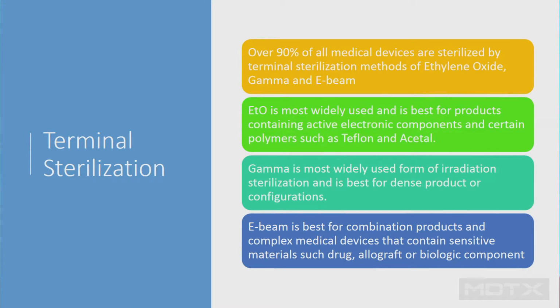Now, E-beam is just a smaller percentage compared to gamma and ethylene oxide, but it's emerging as the practical application for more complex devices and devices that contain sensitive materials, particularly when we're getting into drug-coated stents, combination devices.